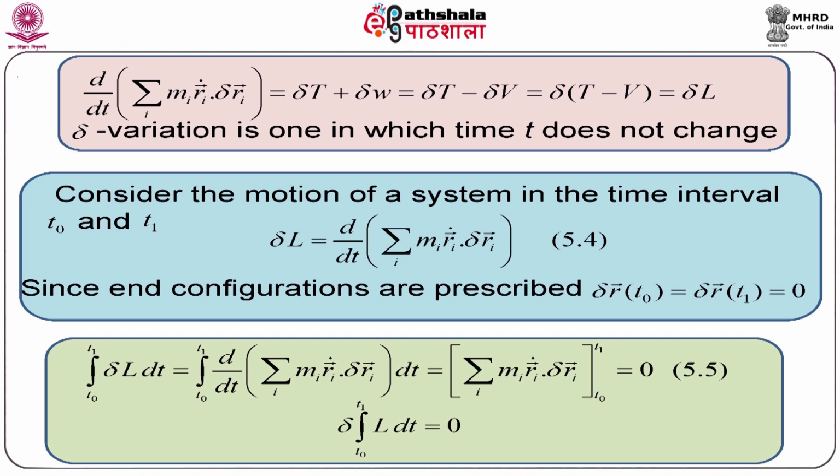That is, delta integration t0 to t1 L dt equal to 0, which proves that integration t0 to t1 L dt is stationary for the actual path as compared to the neighboring paths between the same two configurations.